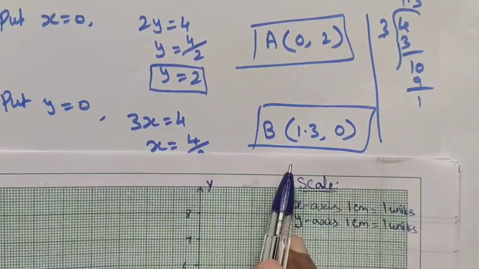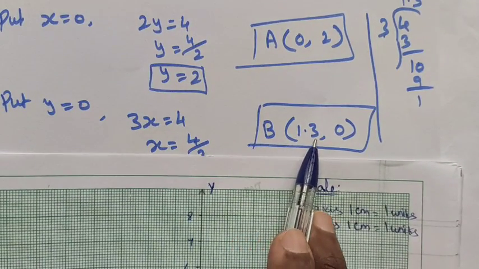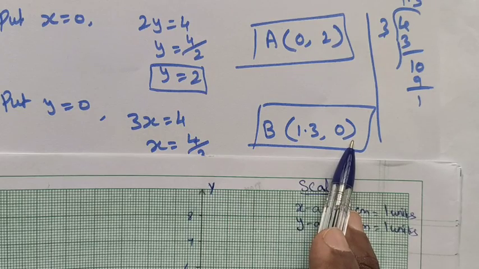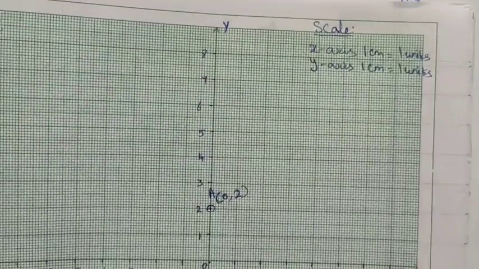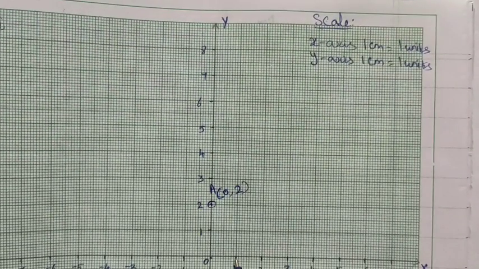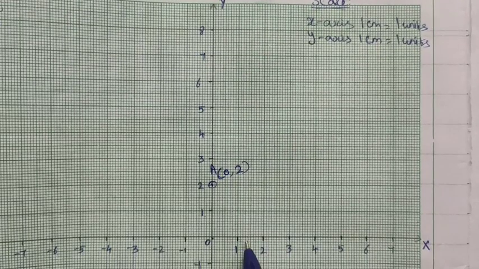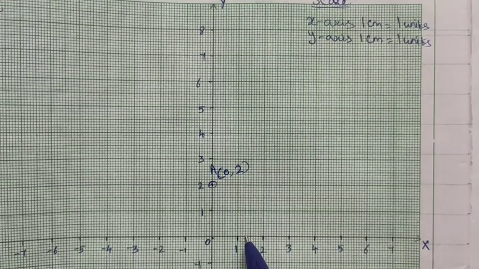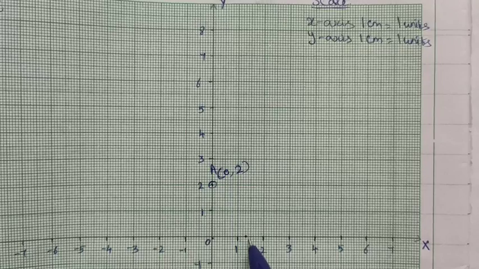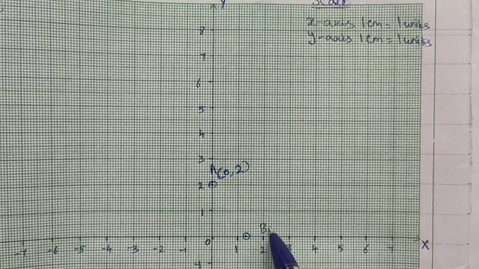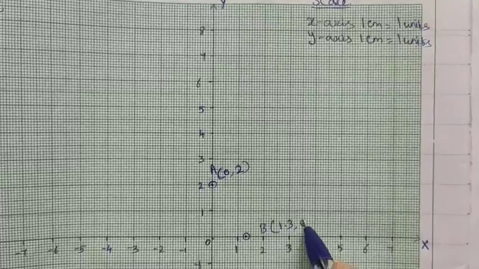And then next we see the B point. B is equal to (1.3, 0). X-axis is 1.3 and y-axis is equal to 0. X-axis 1.3 means see here 1, 2, 3. So this is the point 1.3, and y-axis 0 means the point lies on the x-axis. This is the point B, that is (1.3, 0).